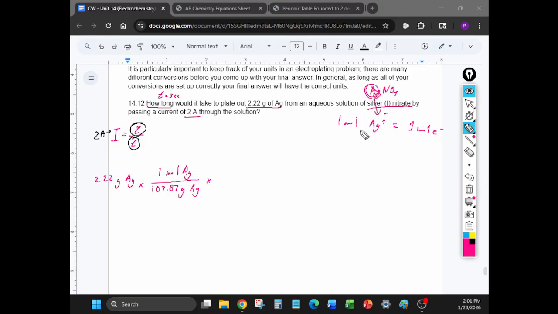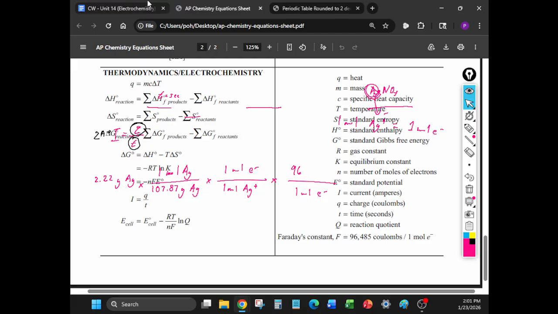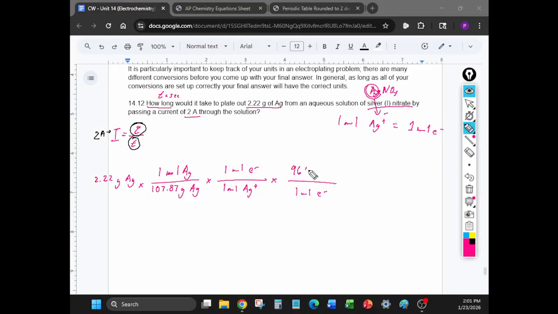Next, we know that 1 mole of Ag plus is 1 mole of electrons. And we know from Faraday's constant that 1 mole of electrons is 96,485 coulombs. Then we plug that into our calculator.